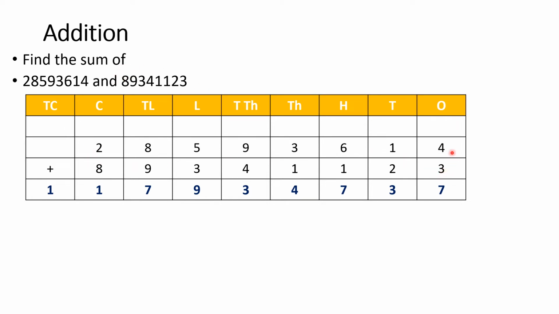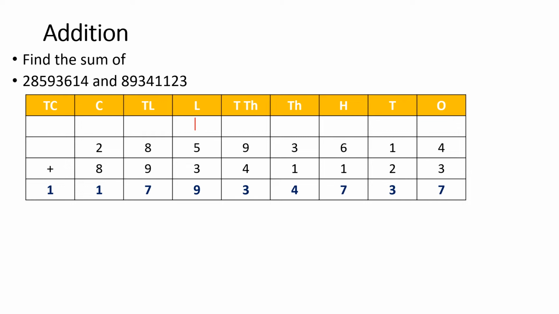Now we will add. 4 plus 3 equals 7. 1 plus 2 equals 3, 6 plus 1 equals 7, 3 plus 1 equals 4, 9 plus 4 equals 13. So we will write 3 here and 1 as carry. Now 5 plus 1 is 6, 6 plus 3 is 9.